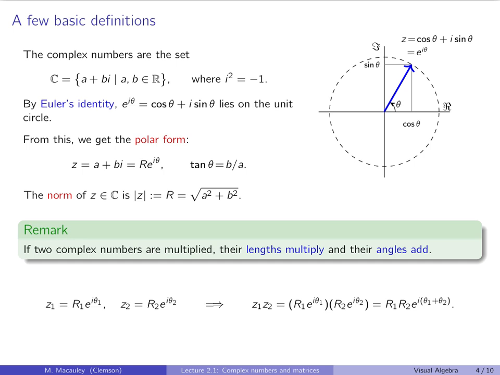Here's a remark that many of you already know, but doesn't hurt to see again. If two complex numbers are multiplied together, then their lengths multiply and their angles add. So if z1 equals r1 e to the i theta 1, and z2 equals r2 e to the i theta 2, their product has norm r1 r2 and angle theta 1 plus theta 2.